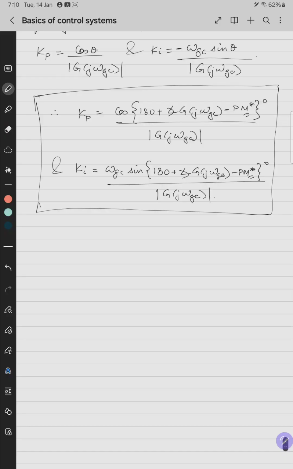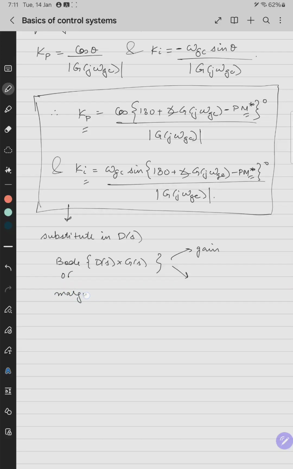So this is how to verify that your Kp Ki are correct for a given omega gc and PM. Substitute Kp and Ki using this formula in D of s. Then give a command in MATLAB, bode of D of s into G of s, and see the gain, or you can use margin.